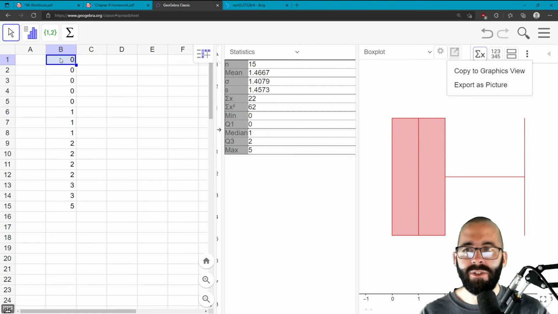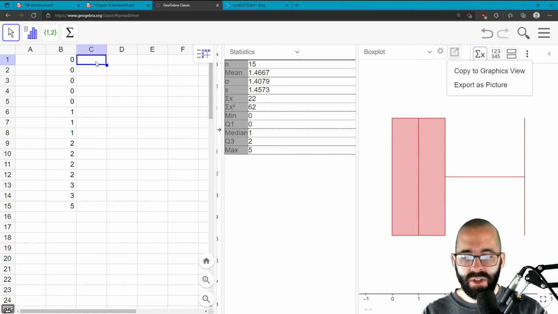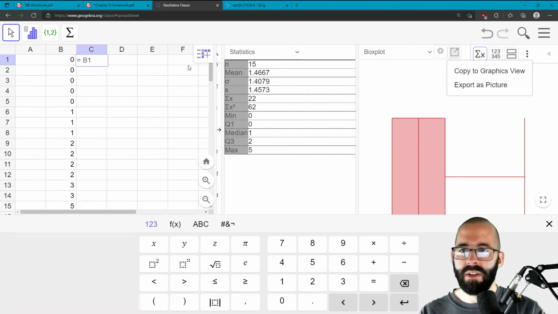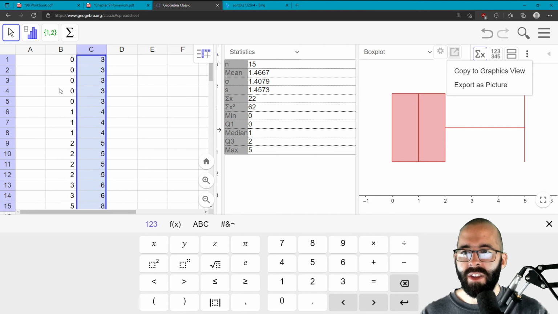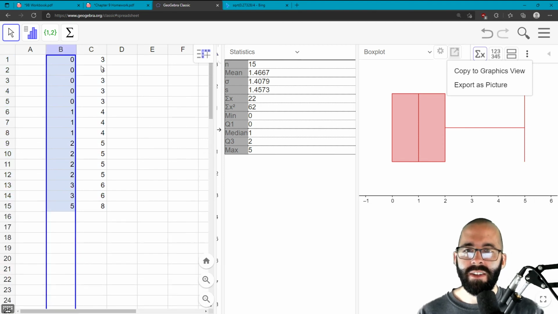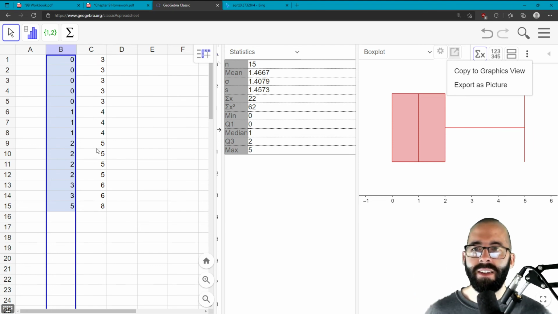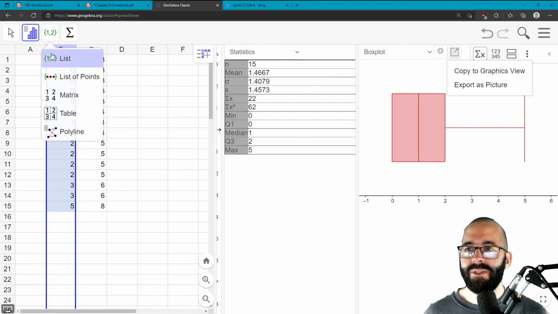Let's look at this data set from an earlier problem. If we just add, let's add 3 children to each of these. Then the question is, what happens to the standard deviation? My claim is that the standard deviation in both of these is the same, even if we're adding 3 kids to every household. Goodness.